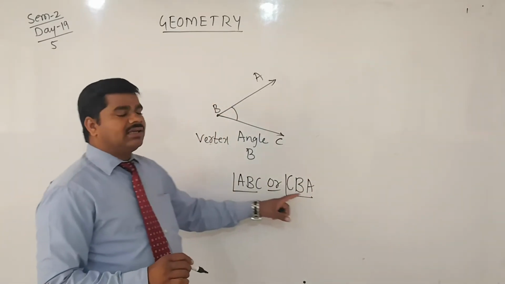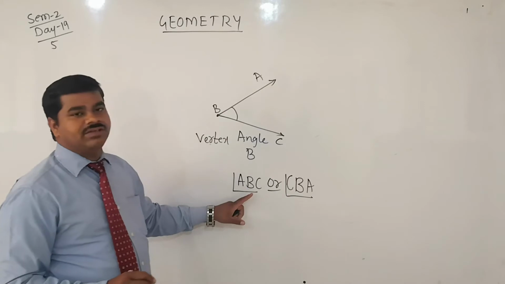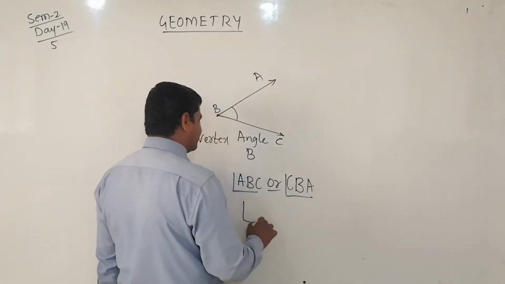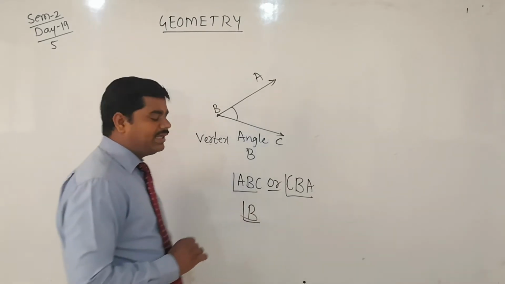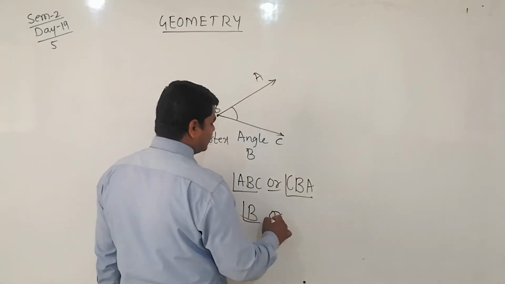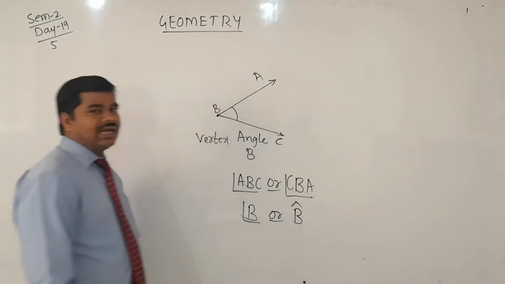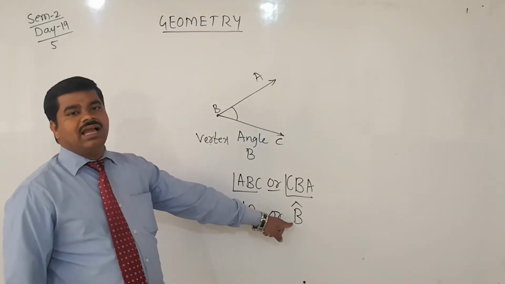Or we can denote it as angle B, or one more method, on B you can keep a cap, which also implies angle B.